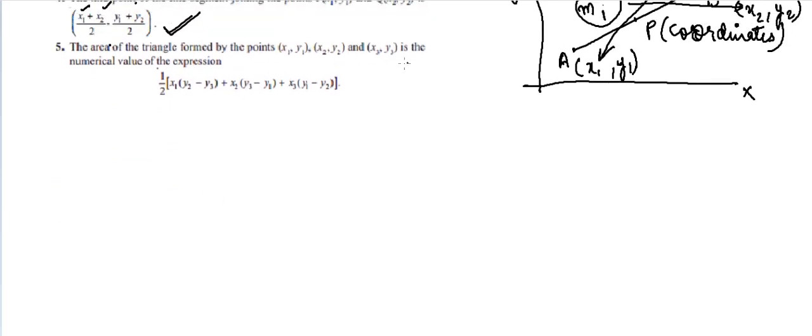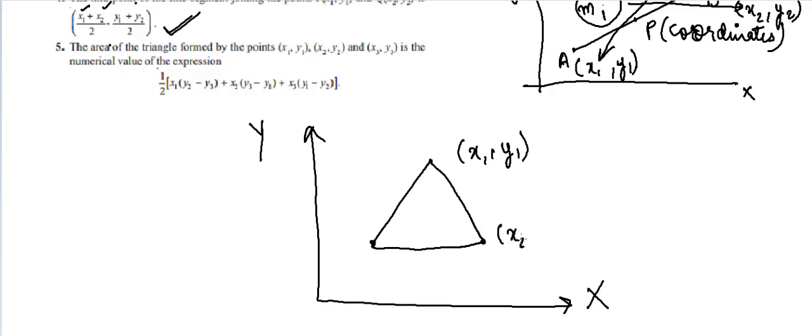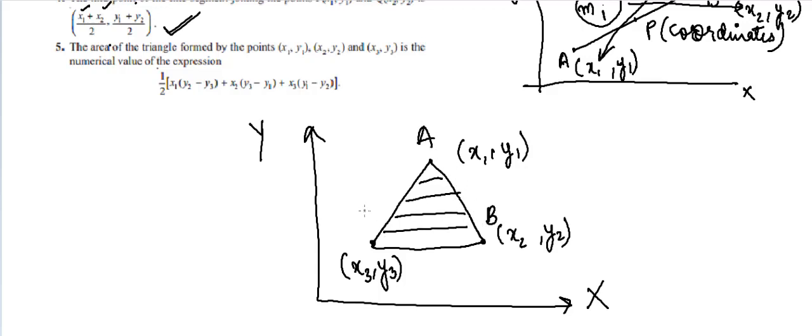Now the last one says, if you have a triangle formation, there is the x-axis, there is the y-axis, and you have a triangle with points x1 y1, x2 y2, and x3 y3. How will you calculate the area of this triangle ABC? It is very simple.